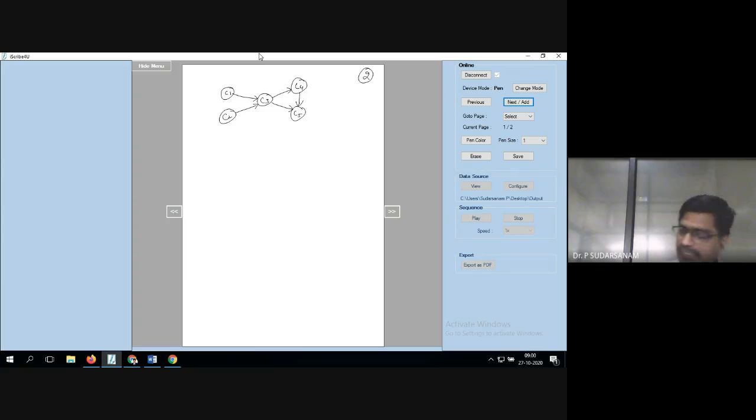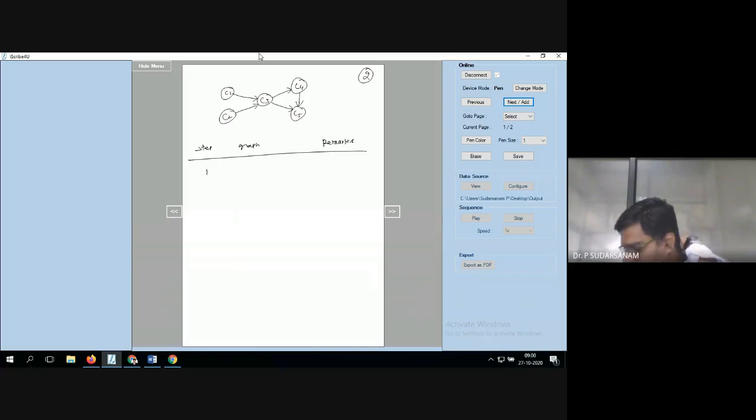For example, write the rules. Step first, next is the graph, another one is called remarks. Here DFS means a stack will be there, there is no doubt in this.